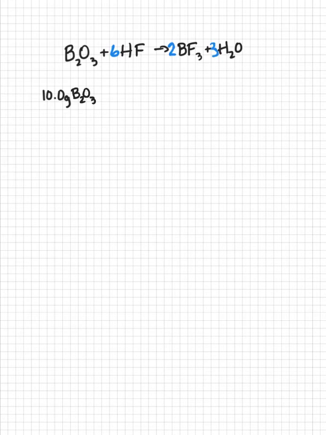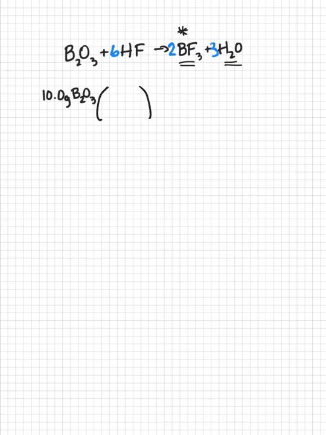Now notice I have 2 products this time, but the problem is specifically asking me how much of the BF3, so that's the one I'm going to work with. I'm going to sort of ignore the water. It's not going to take part in this problem at all. It's there in the balanced equation, but I don't care how much is made. Problem is asking me about BF3. Could have just as easily asked me about the water, but it didn't. I'm going to just use the one that the problem asks me about.